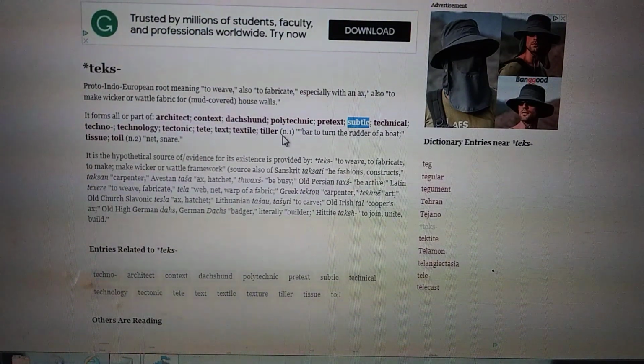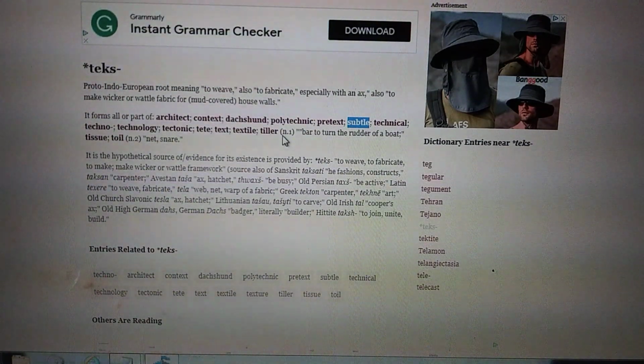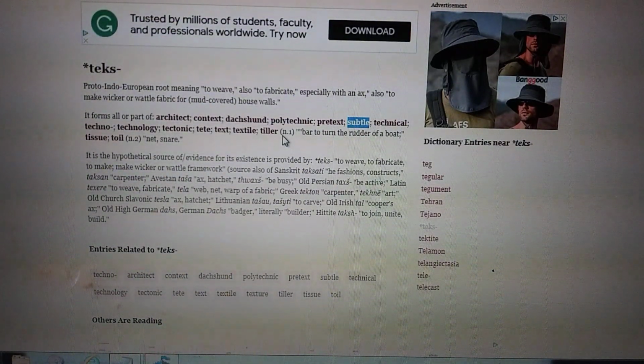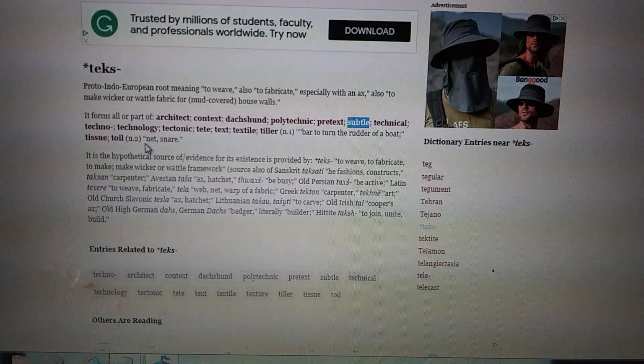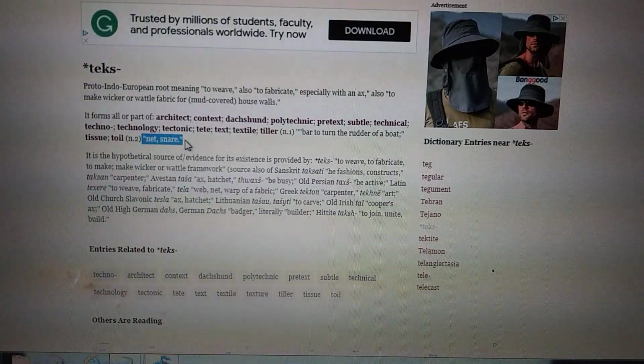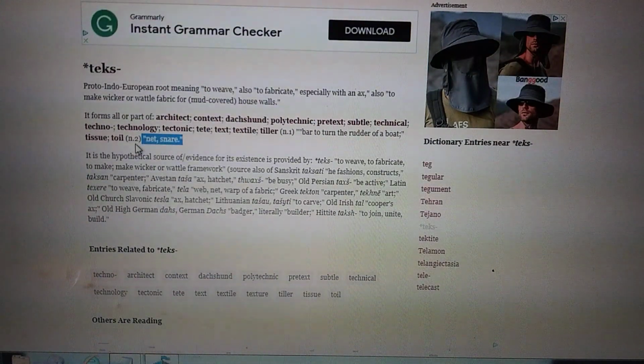When you take that bar and you turn the rudder of the boat, you can control the direction of the ship. So it just depends on what ship we're talking about, right? Talking about the tissue, or what? The toil. You must toil, a noun, which is a net or snare. You must net. You must toil. You must snare. You must toil, right?